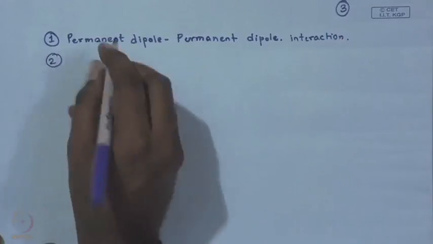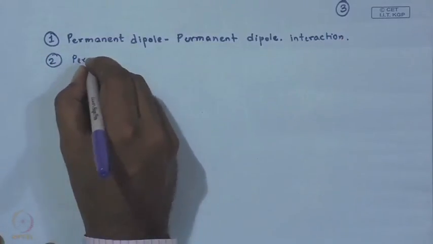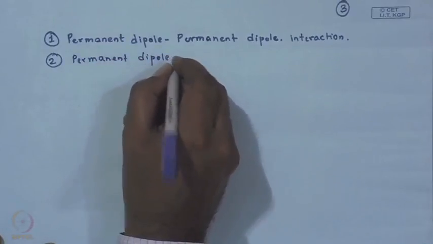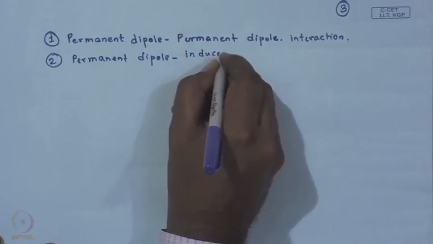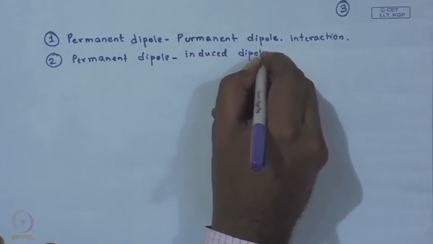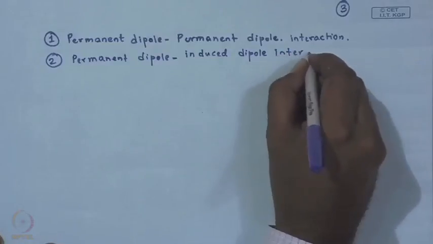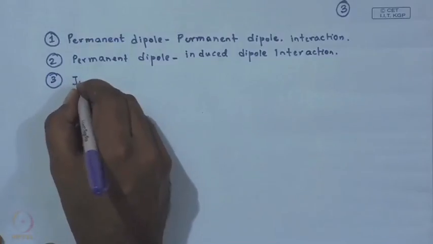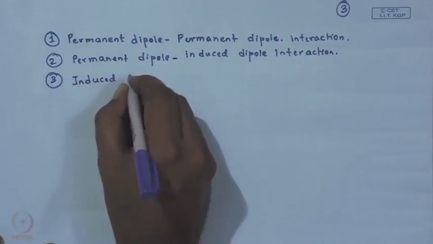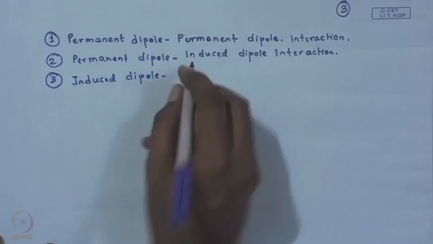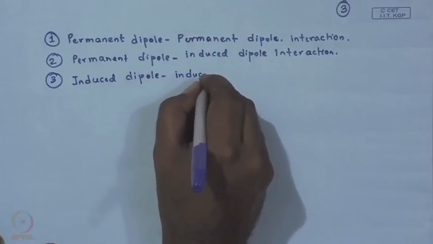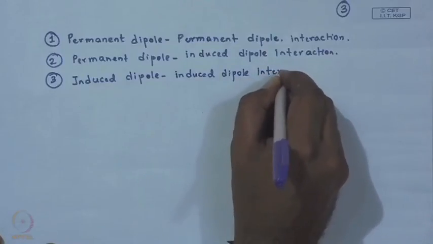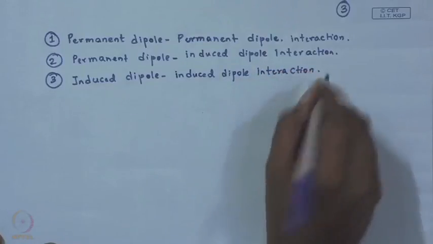The second one is permanent dipole induced dipole interaction. And the third one is, of course, the induced dipole induced dipole interaction. Okay.